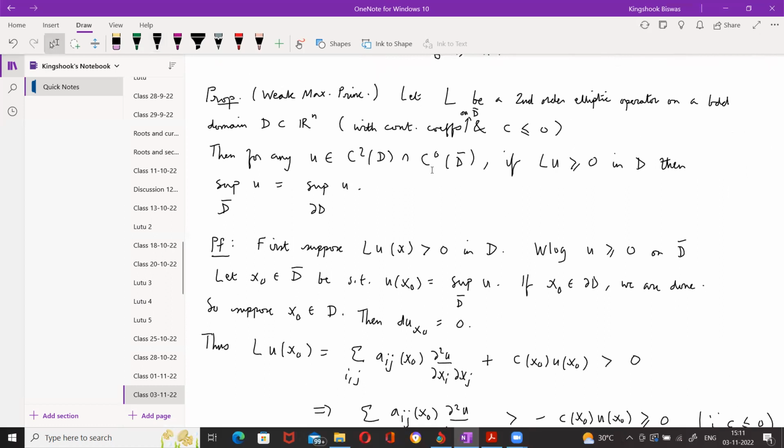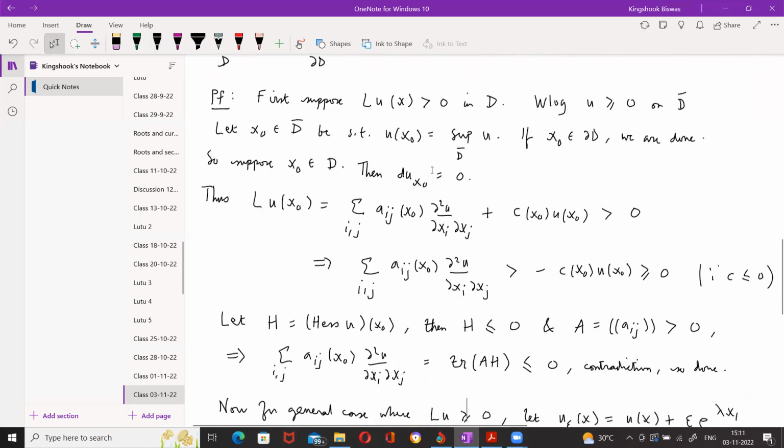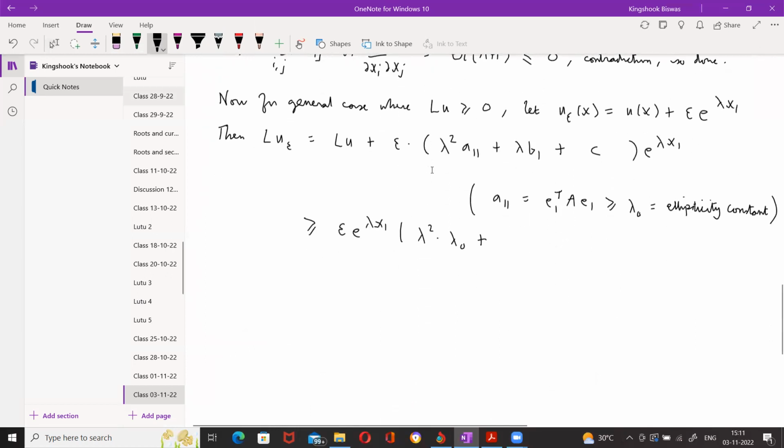So this B1 coefficient is bounded, so this will be bounded by minus lambda times the sup norm of B1, minus the sup norm of C. And this whole thing I can make positive by choosing lambda large enough, right?